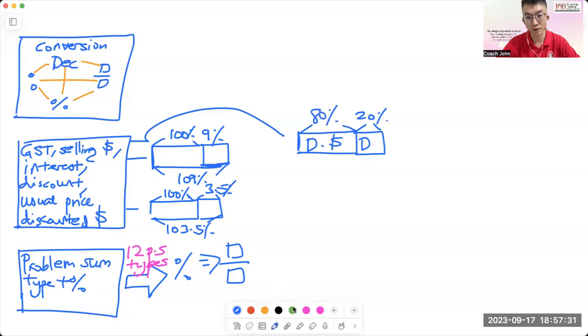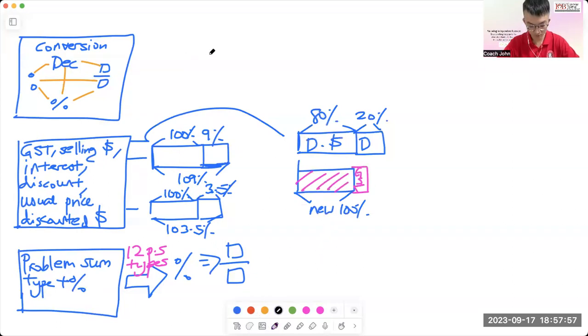What you have at the bottom is a new 100%. And what you see in the bill will have your GST. So it's something that you need to take note of as well.